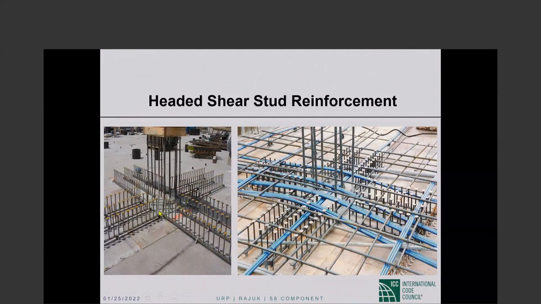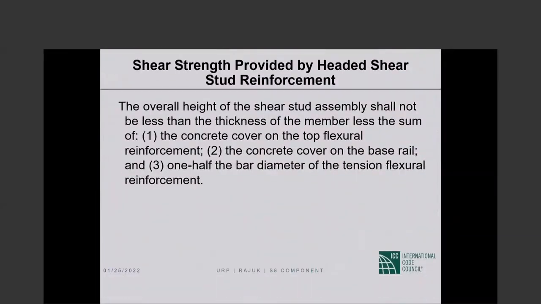So this is the column, and the first line that is parallel to the column will cross 8 of those legs: 2 legs here, 2 legs there, 2 legs there, and 2 legs here. The total cross-sectional area of the 8 legs is the Av.